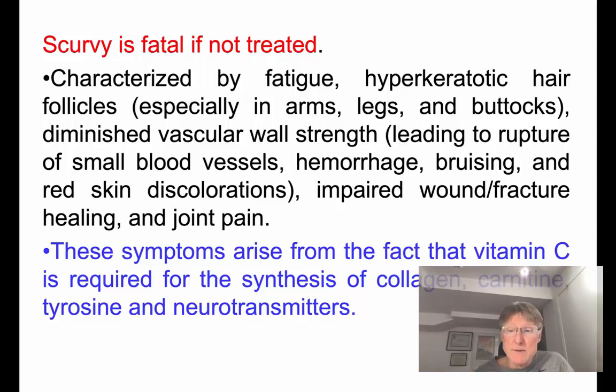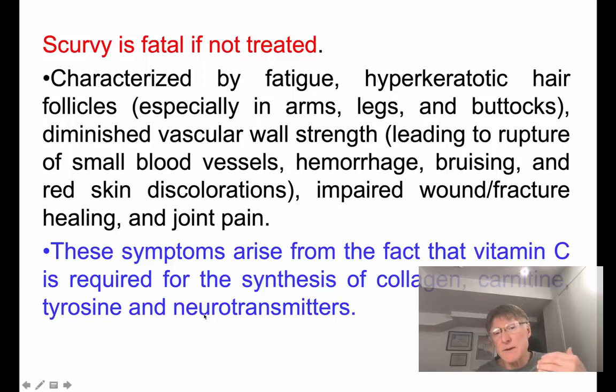But there is also carnitine, which is important for metabolism of fat in your muscles. So if you don't have carnitine, you can't really properly oxidize fat. So that limits your energy production. So that is also associated with fatigue. It limits your production of tyrosine and neurotransmitters.